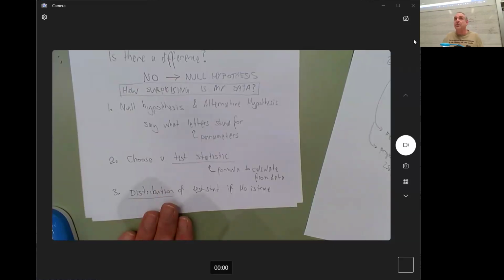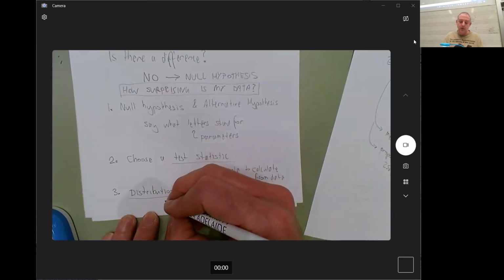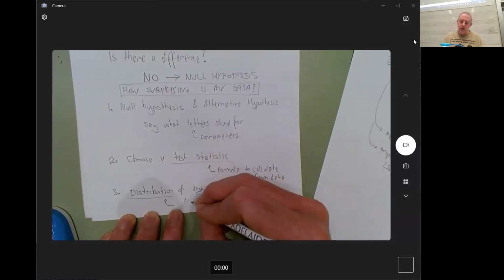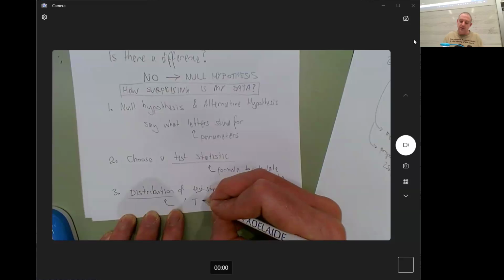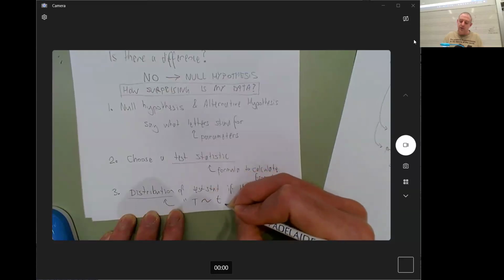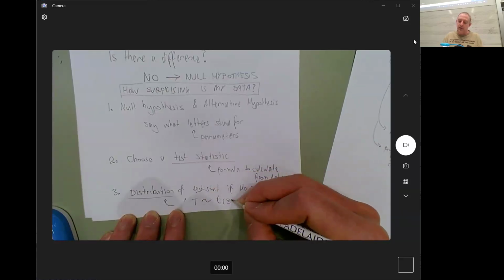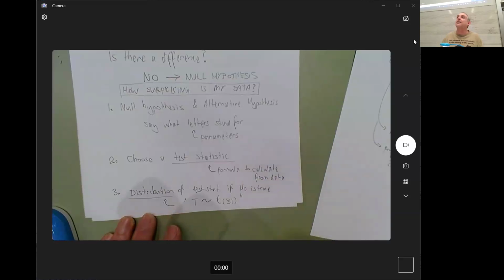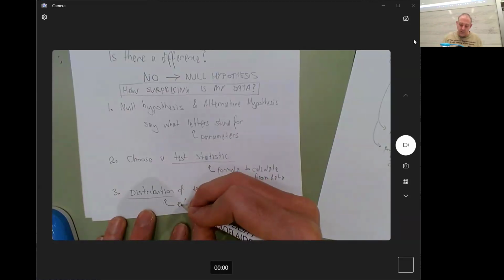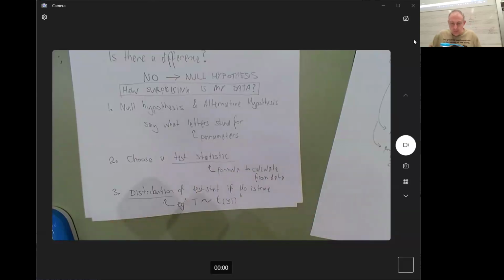That's what you need to tell someone. And so your statement will look something like, the test statistic is distributed as a T with 331 degrees of freedom or something like that. That's the sort of statement that you make. Have you seen this twiddle symbol used in this context before? Yeah, okay, good. And so that's an example of the sort of thing that you would say.